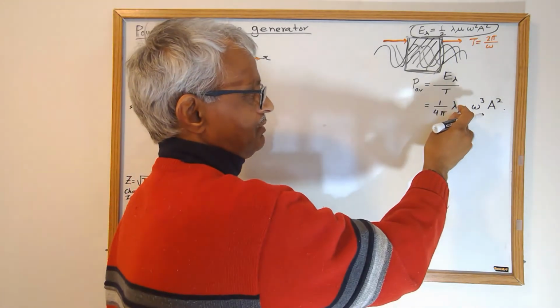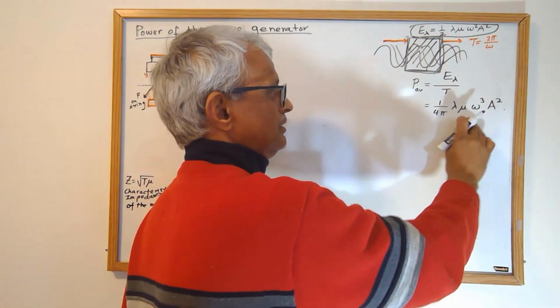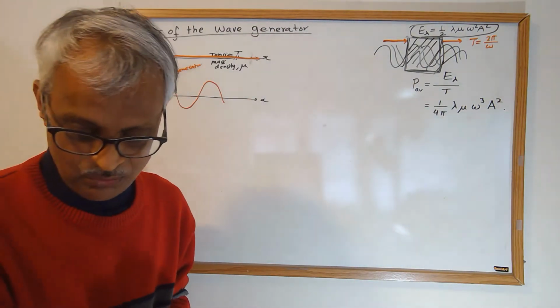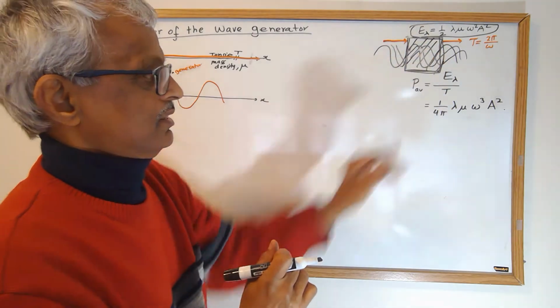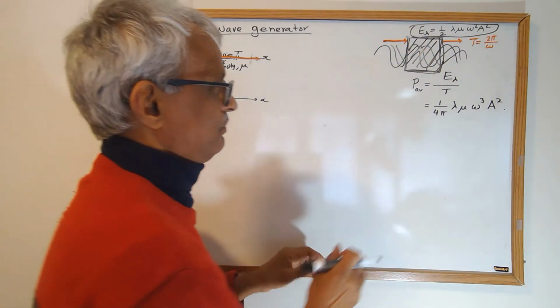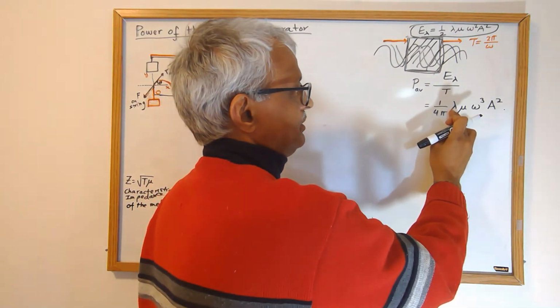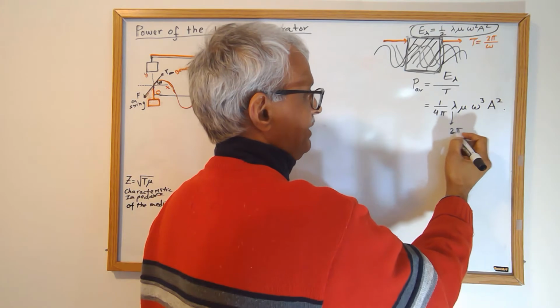You can write this in quite a number of different ways, and we can see it written some other ways in just a minute. For instance, say I write lambda as 2 pi over k.